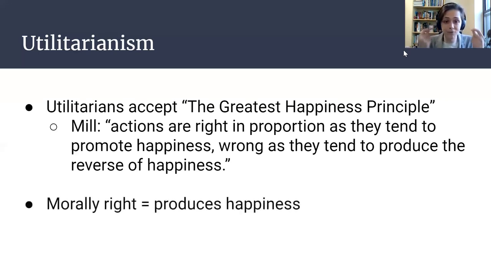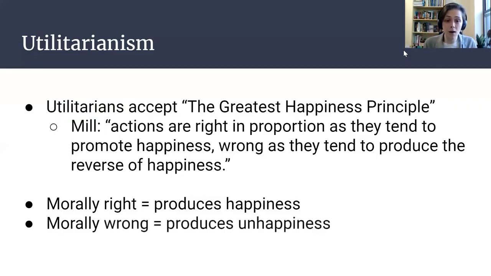So morally right means produces happiness. The more happiness it produces, the more morally right it is. Morally wrong means produces unhappiness. The more unhappiness your action produces in the world, the morally worse that action was.